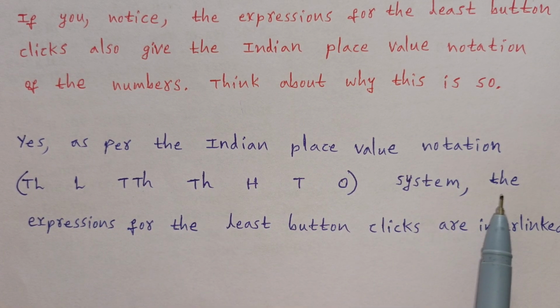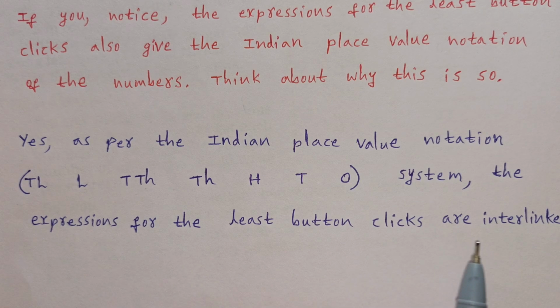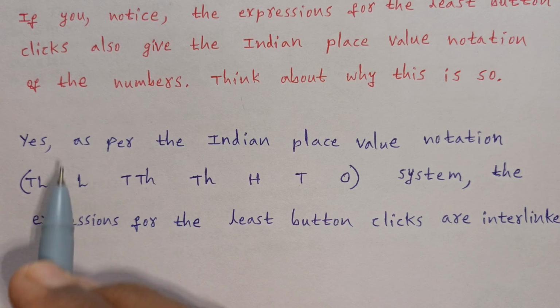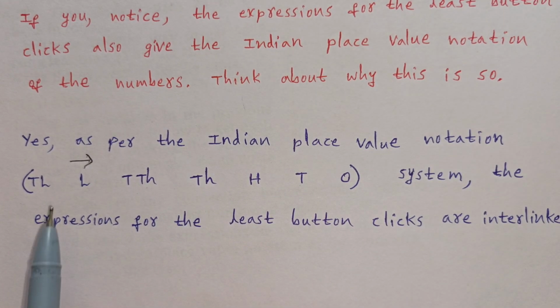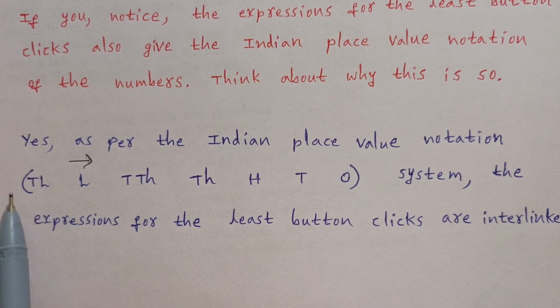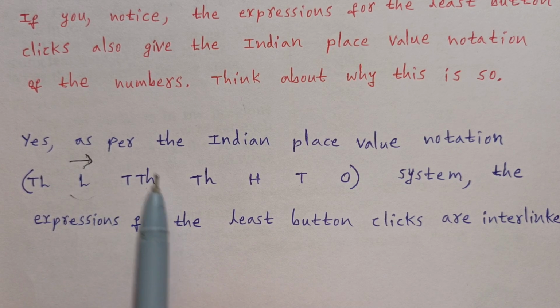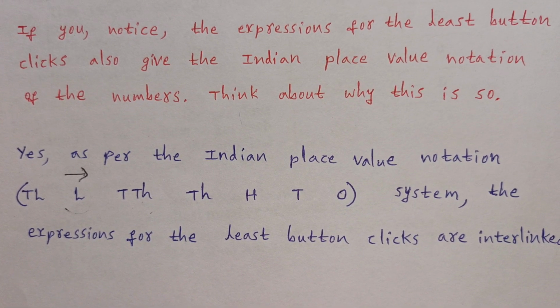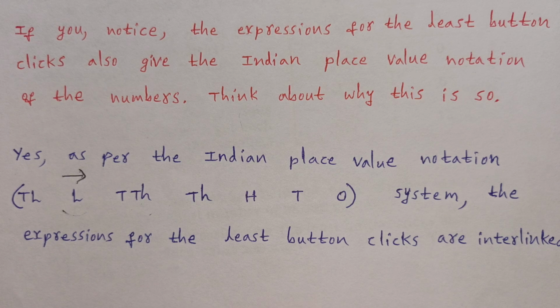If you go by this system, the expression for the least button clicks is interlinked. So always we have to select the highest weightage position. From there, if you start and go in descending order, then the number of button clicks also reduces. So first we have to try to cover the 10 lakh, then lakh, then 10,000, then 1,000. So in this order we have to go up to the ones place. Definitely the number of clicks also reduces, that is as per the Indian number system.